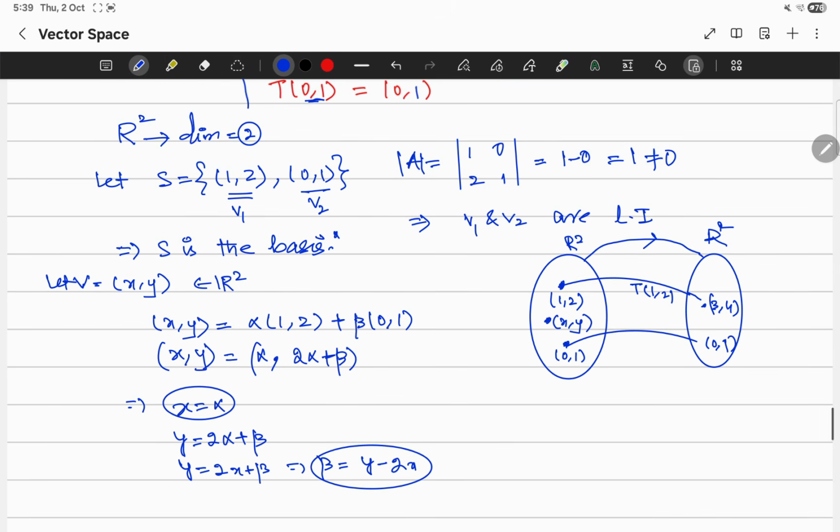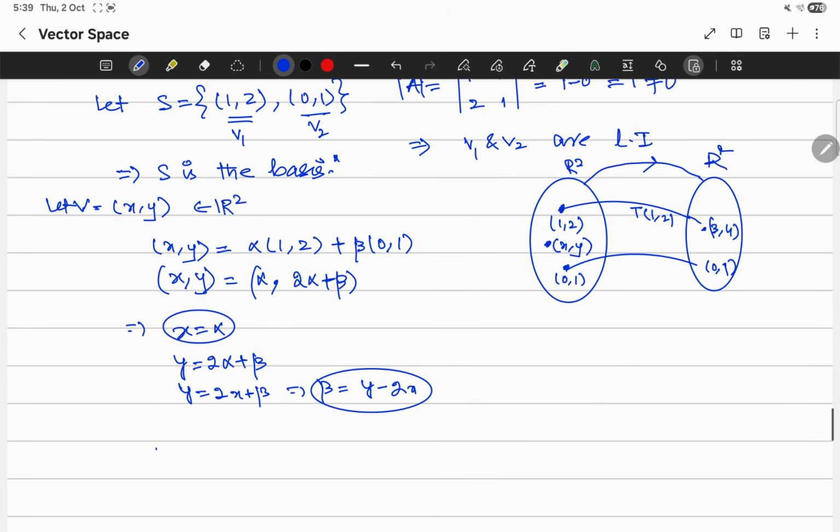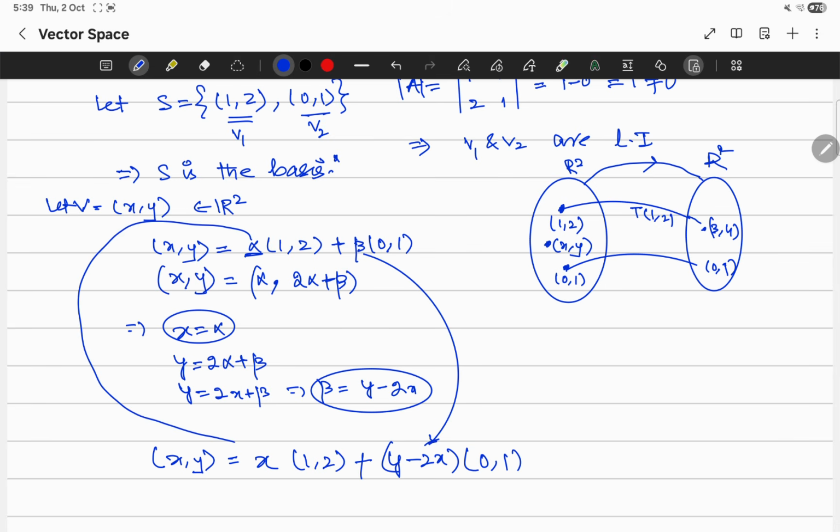So now x comma y is equal to x times 1 comma 2, plus y minus 2x times 0 comma 1. So this is your alpha and this is your beta.